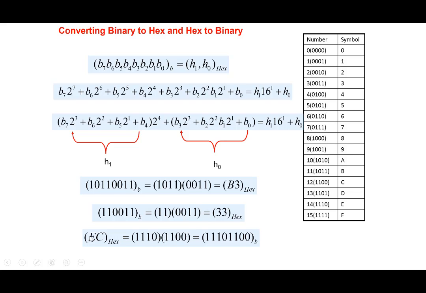So you write each one of them as 4 bits, 4 binary bits to represent E, and 4 binary bits to represent C. And then remove the bracket, and that becomes the binary number here. So the conversion of binary number into hex and hex to binary is just straightforward. And therefore, many times when we have big binary numbers, we don't write them as binary numbers, we write them as hex numbers, because it's a much more compact representation.